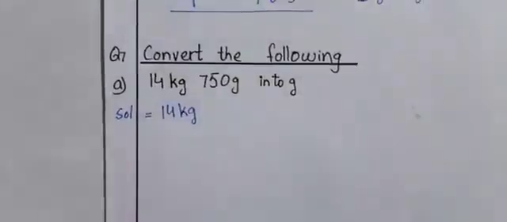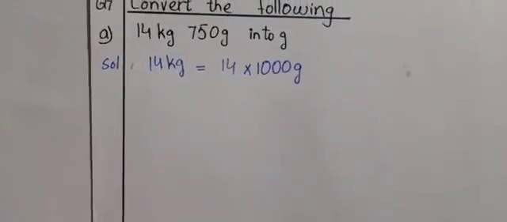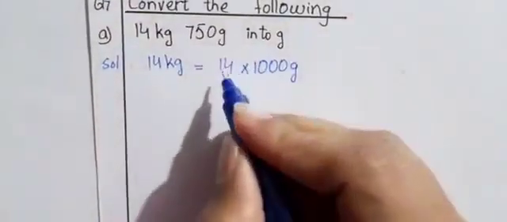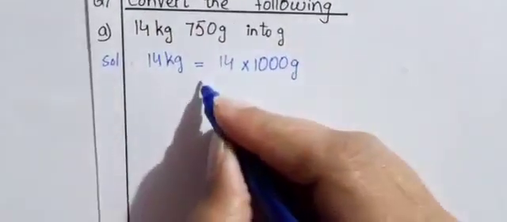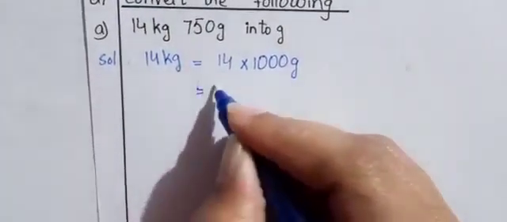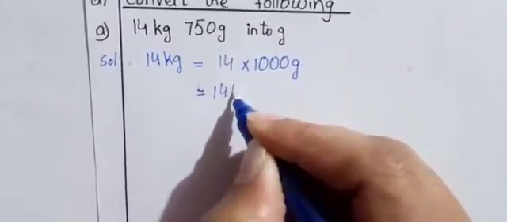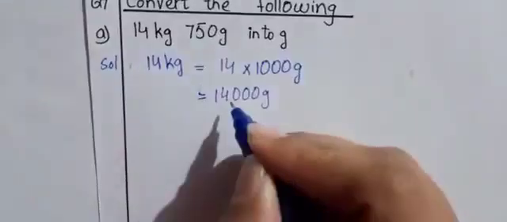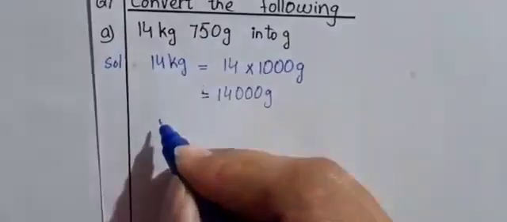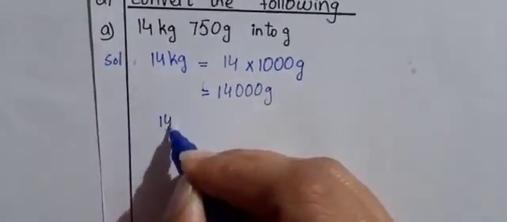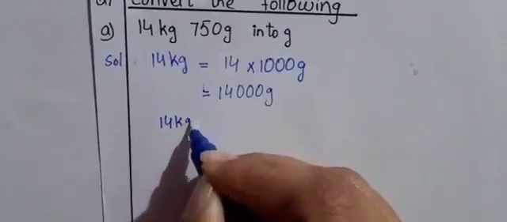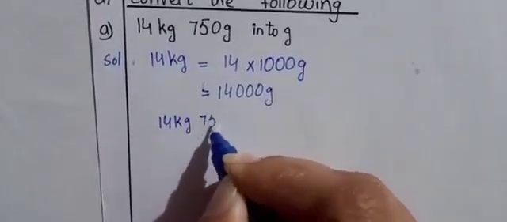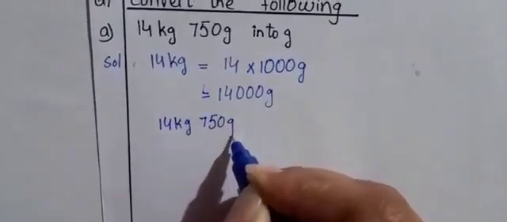What it will be? Boys, it is 14 kg. So boys, you can see when we have to convert this kilogram in grams, we have to multiply 14 with 1000. So after multiplying, it will be 14,000 grams. Okay. Now it is in grams and this is also in gram. I will write 14 kg 750 g.